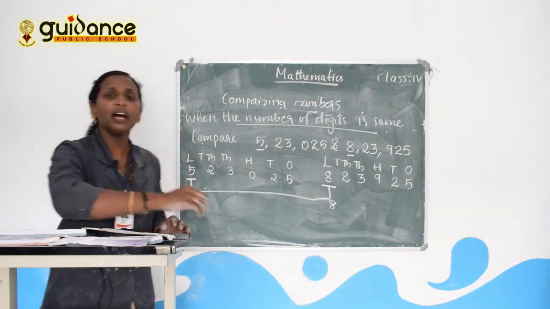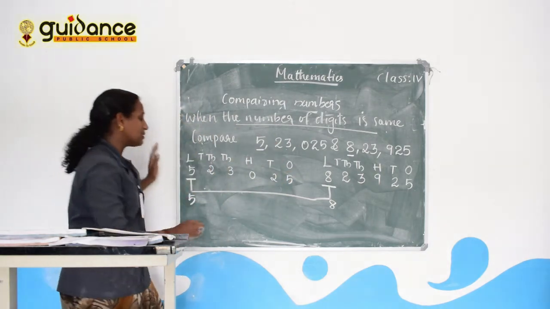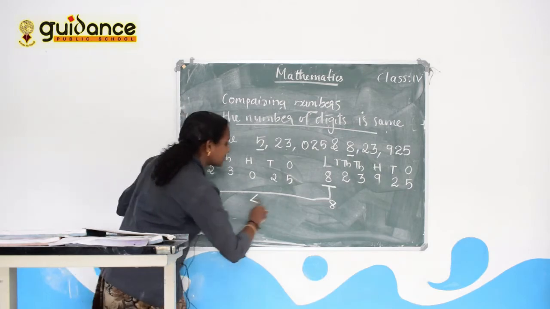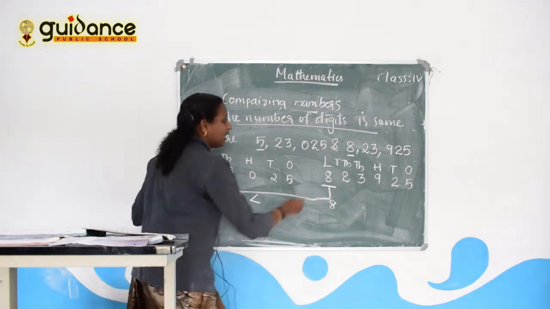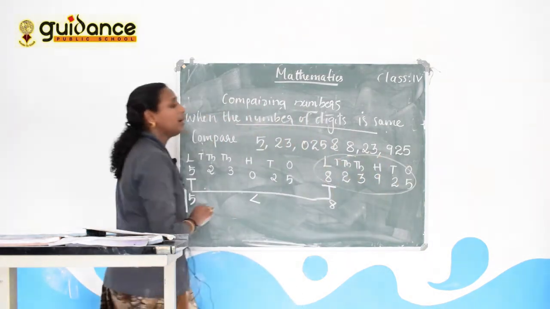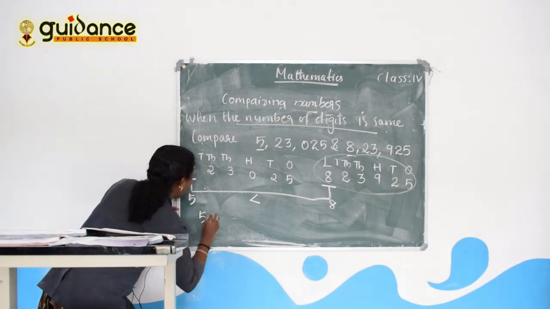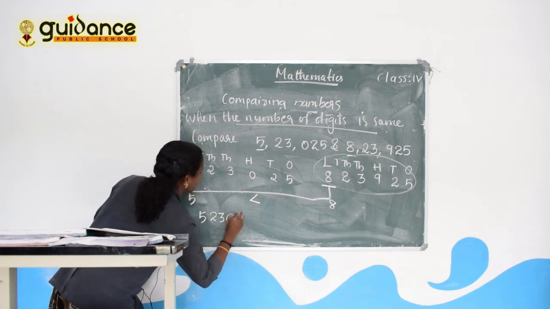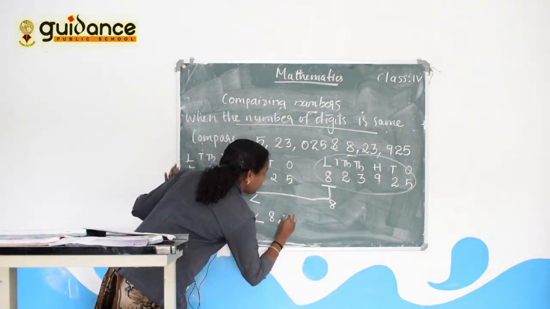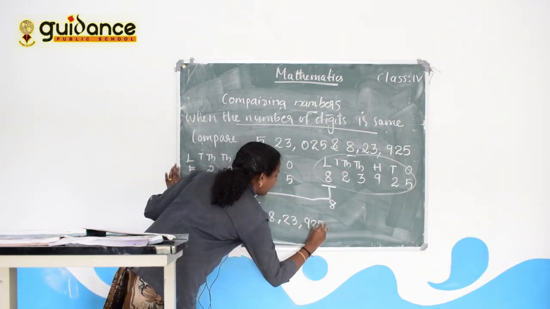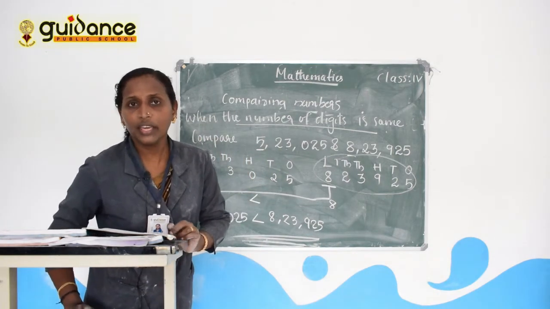Which is the greater number, 5 or 8? 8 is greater. So 5 is less than 8, and this is the greater number. So I'll write 5,23,025 is less than 8,23,925. Okay, the next.